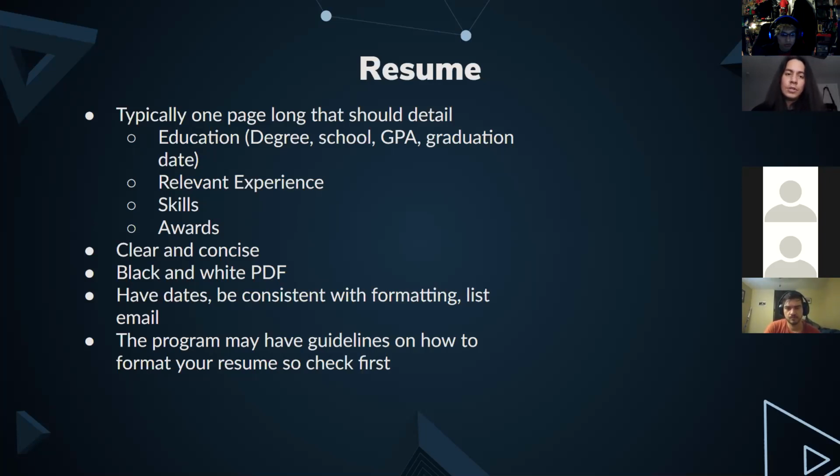So again, this should list your education, your degree, your school, GPA, graduation date, or when you're expected to graduate. Relevant experience, this could be research or work experience that has some relevance to your research or potential to do research in your graduate program of choice. Your skills that are also relevant, and any awards that you may have, extracurricular activities possibly.